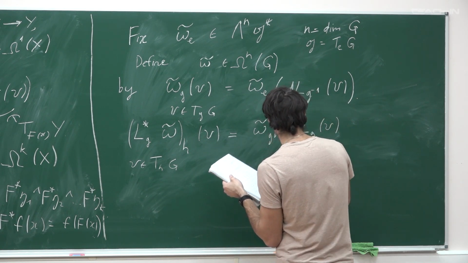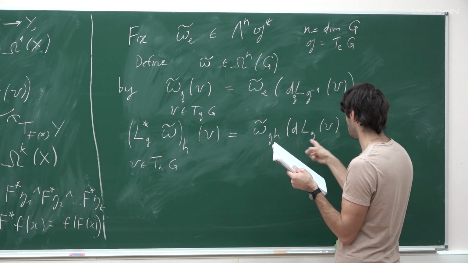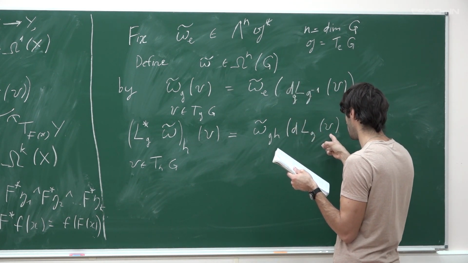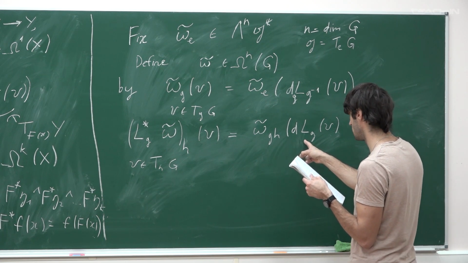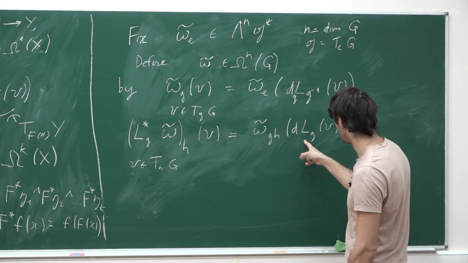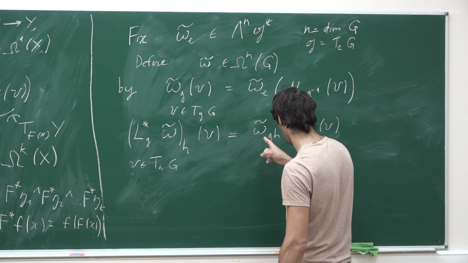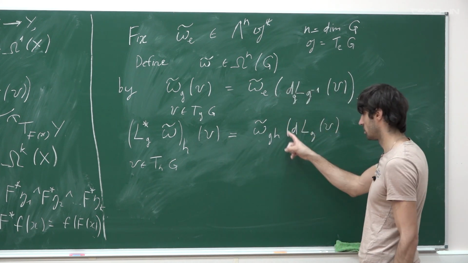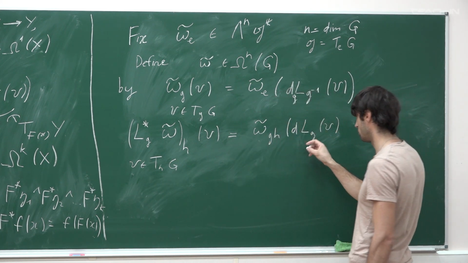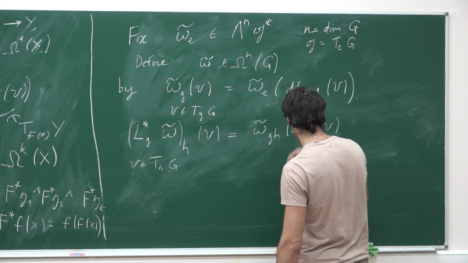So I shift this vector by the left action to gh and compute its value acting by this functional, and this is at point h.